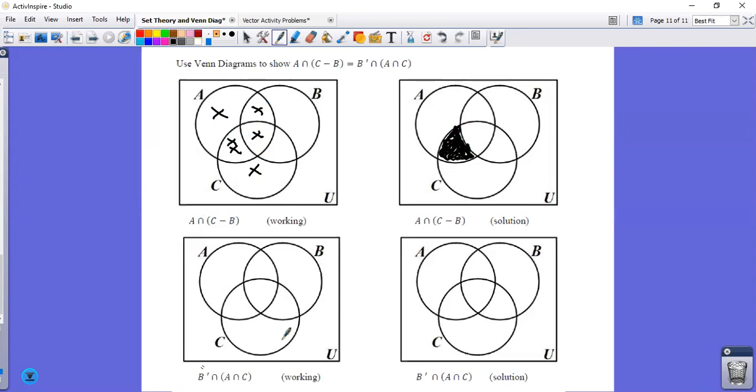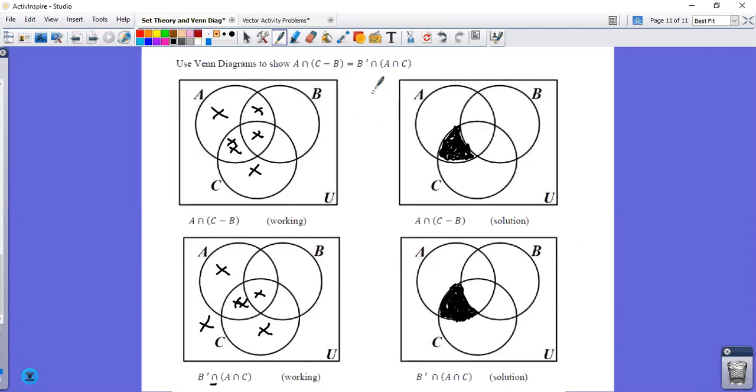And this one, A intersects C, those two. B complement is everything outside of B. And where do they intersect? Where the two are. So it's also that exact same area. So yes, they are equal statements.